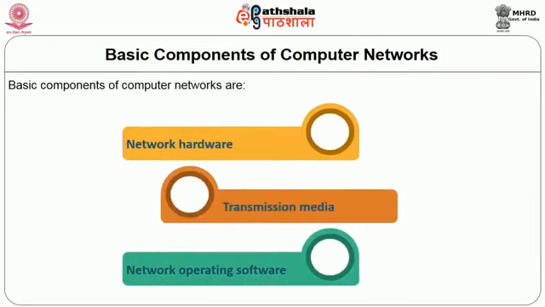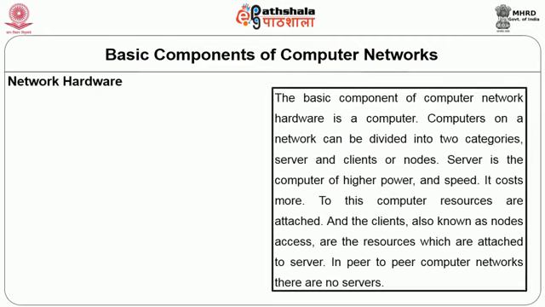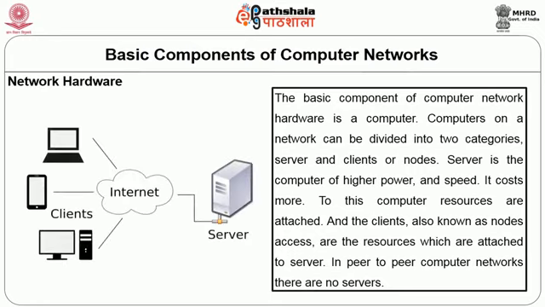Now, looking into the basic components of computer networks, they are network hardware, transmission media, and network operating software. The first one, network hardware. The basic component of computer network hardware is a computer. Computers on a network can be divided into two categories, servers and clients or nodes.